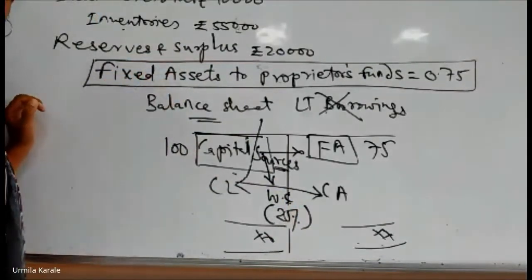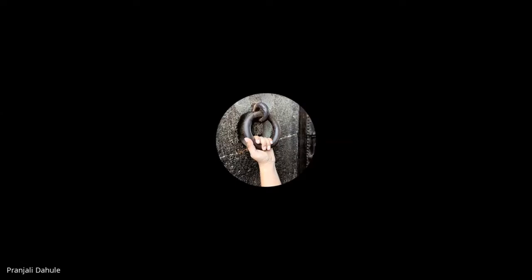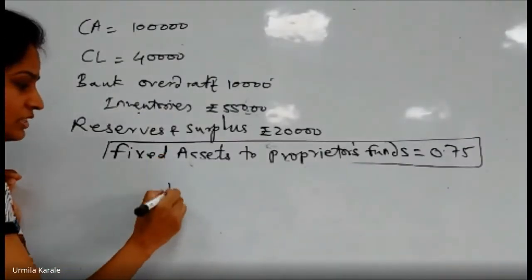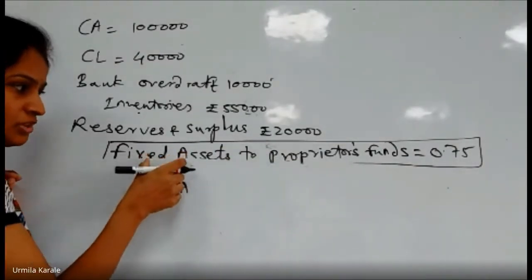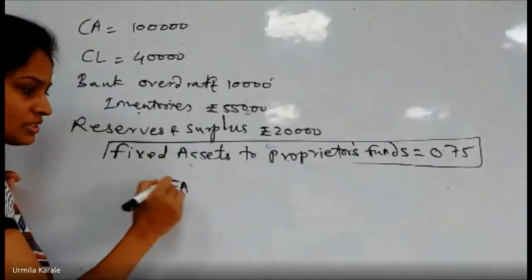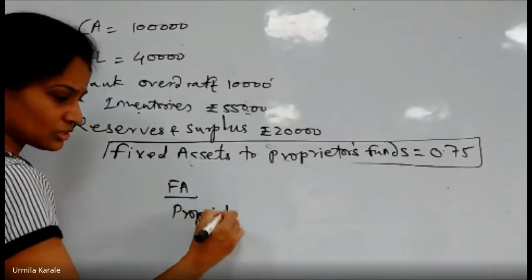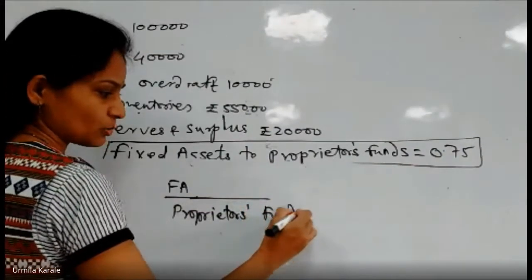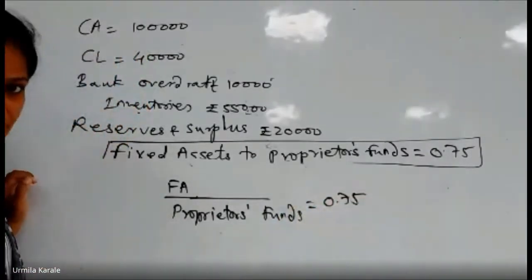So working capital was how much? 60,000, I guess. Okay, now with this we'll prepare an equation first. Fixed assets to proprietors funds, proprietors funds means owners funds, means shareholders funds. So fixed assets to proprietors funds equals 0.75, means 75%.